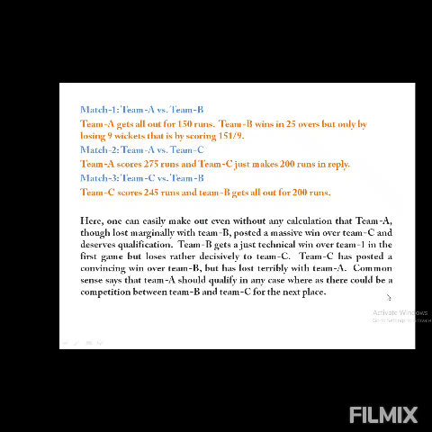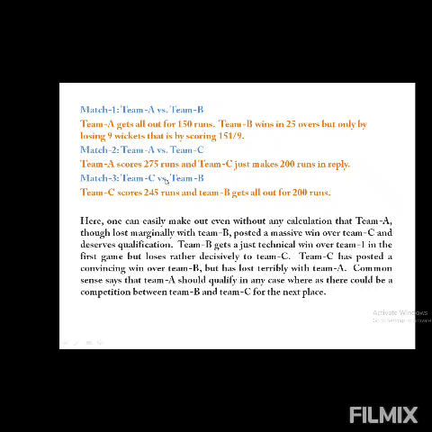That means it is just a marginal win. And in match 2, team A scores 275 runs and gets team C all out for 200 runs. That means a huge victory. They post a huge victory over team C.